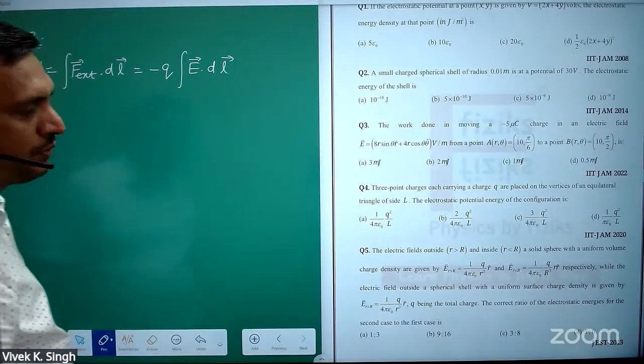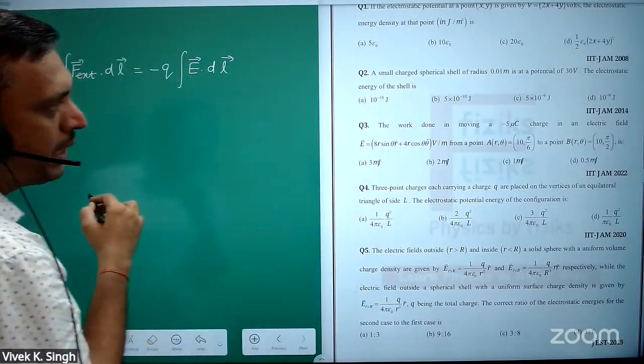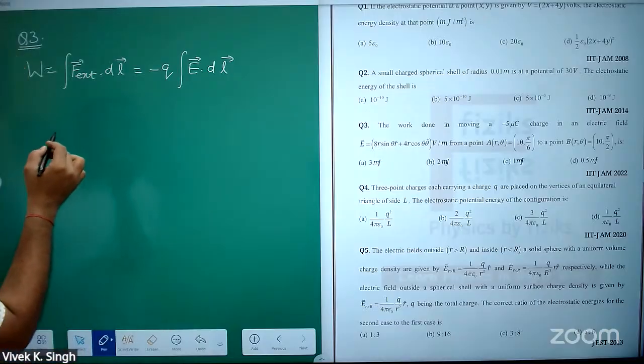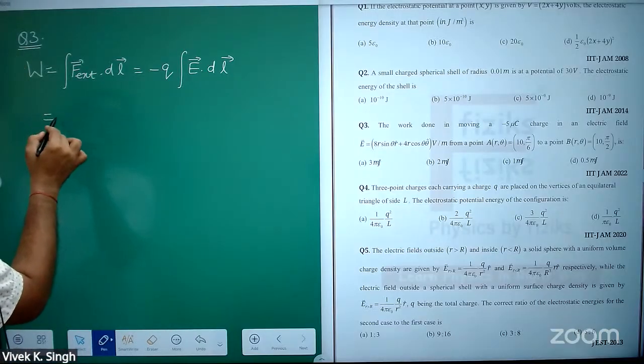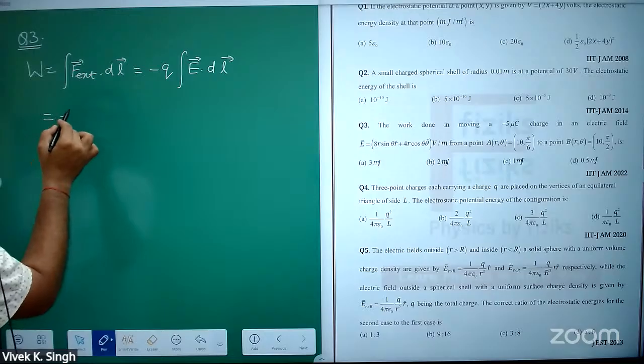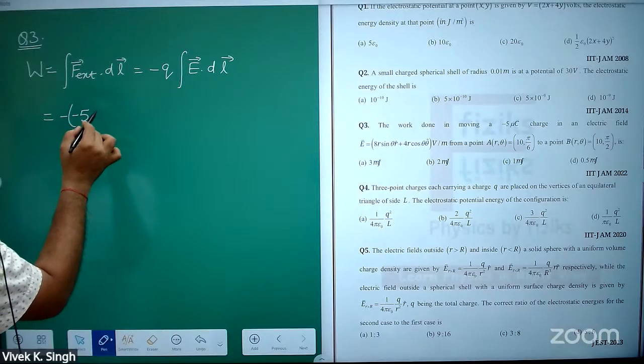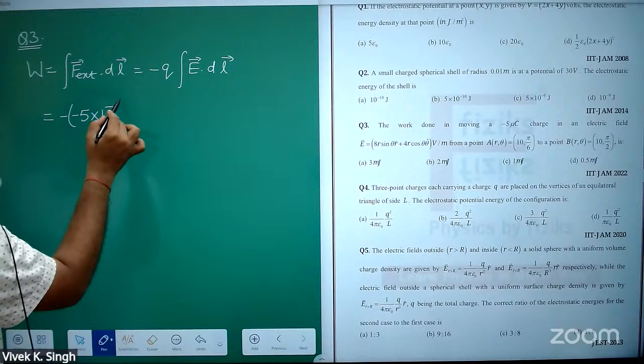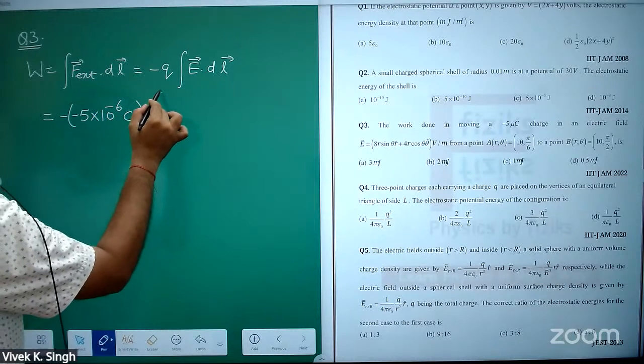Now charge is given as -5 microcoulomb, so you can write it as minus of -5 into 10 to power -6 coulombs.